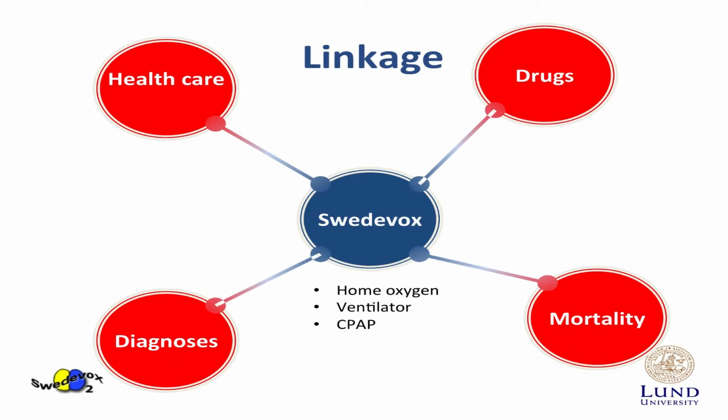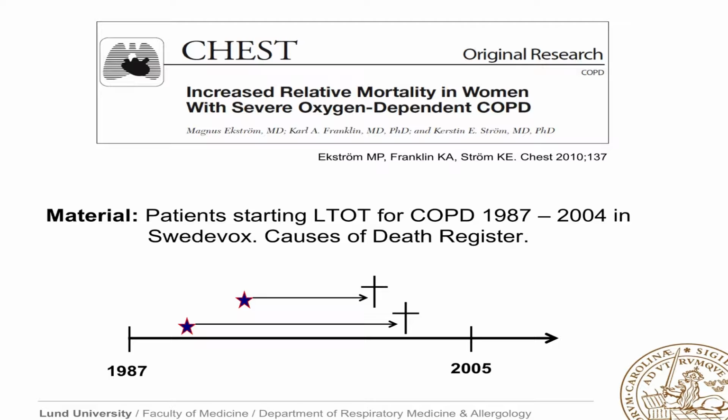Then of course there are the procedure codes and diagnoses, as I said, and mortality, causes of death. We linked those to a database and started to look at different things. For example, we took patients starting oxygen in the home in these years, and we looked at the linked data with the causes of death register. People could start at different time points, and then we follow them up, and we have complete data on vital status, date, and cause of death.